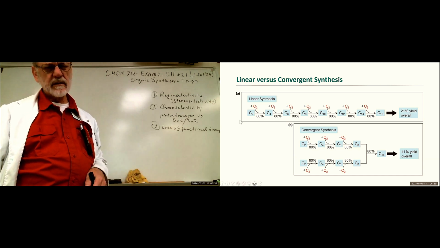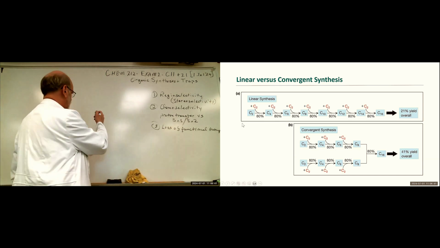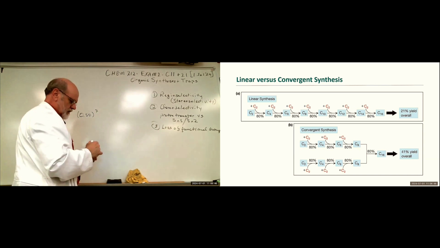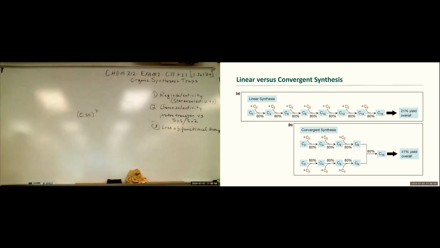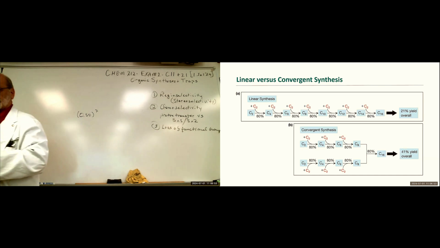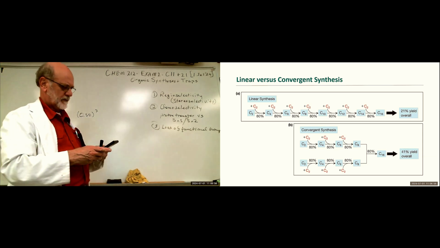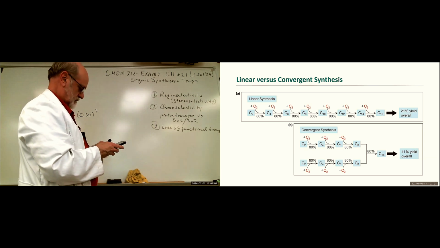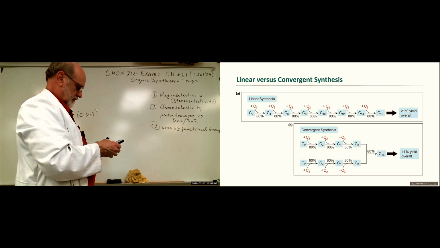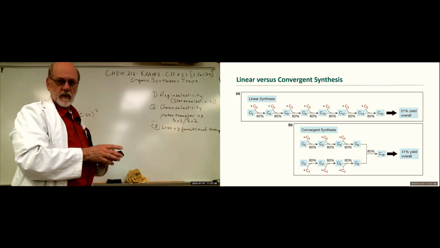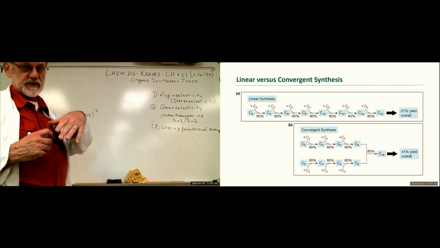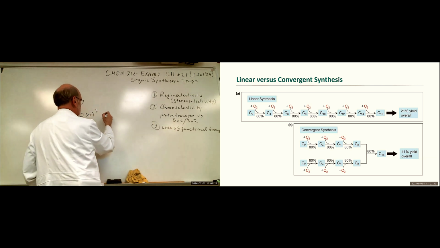Because, well, let's see. 0.8, if we do it to the 7th power, on my calculator, is 21%, right? So it's 7 steps in the top one, in the linear synthesis. It'd be 21%.